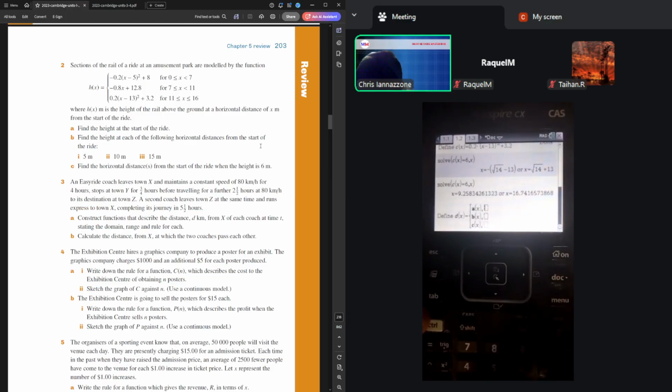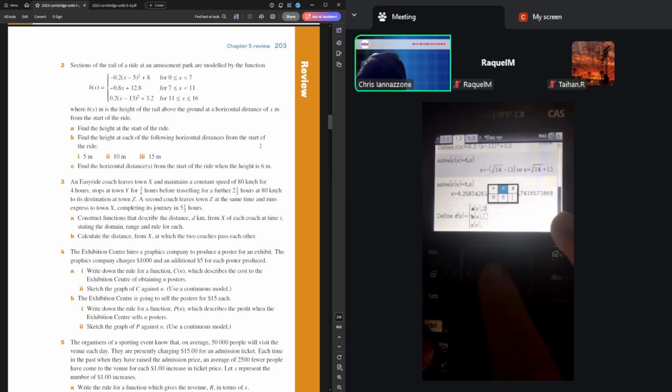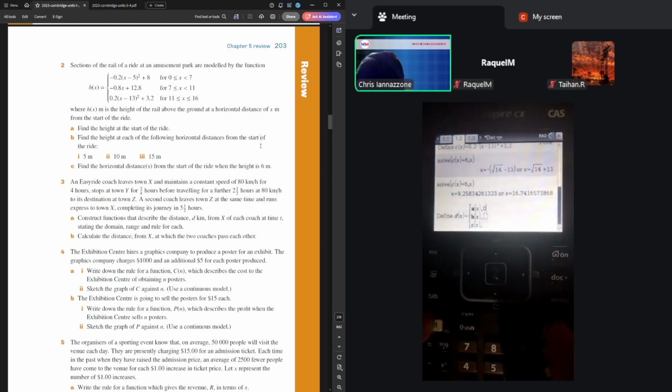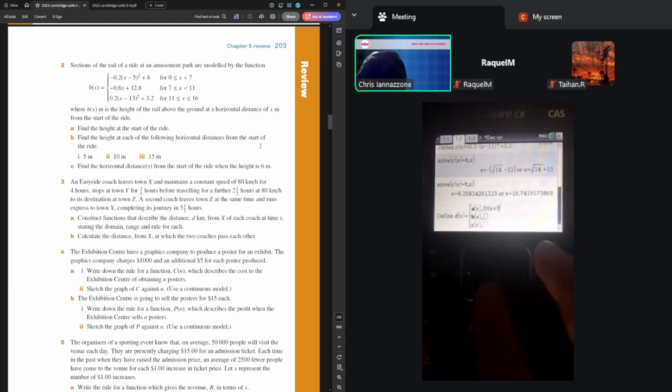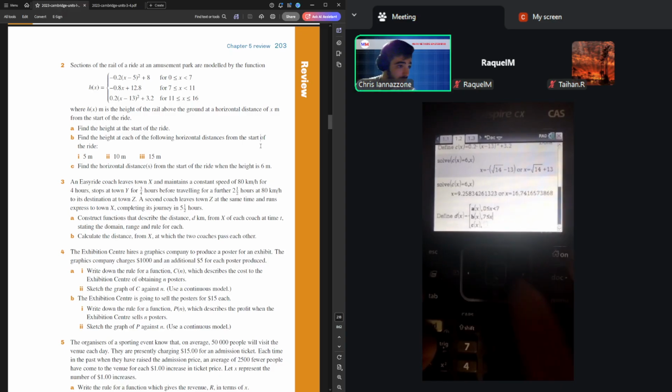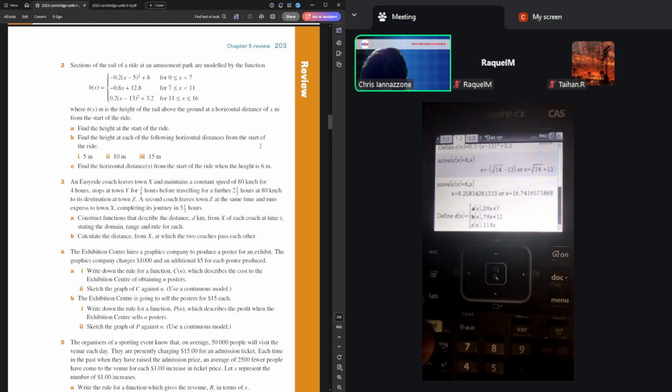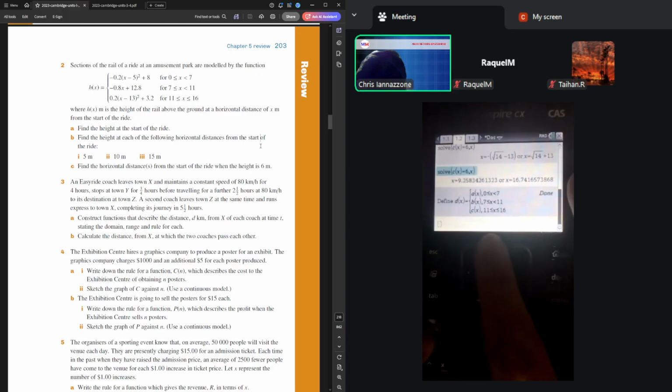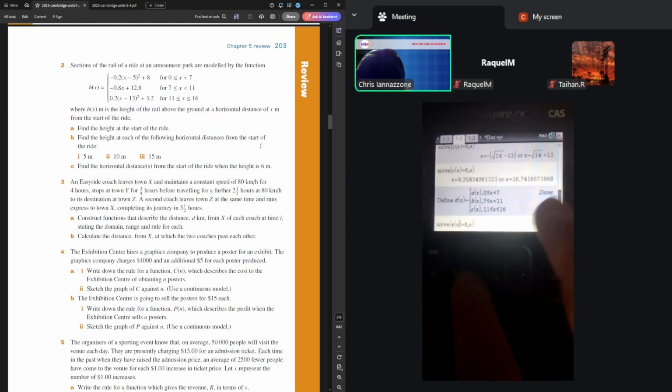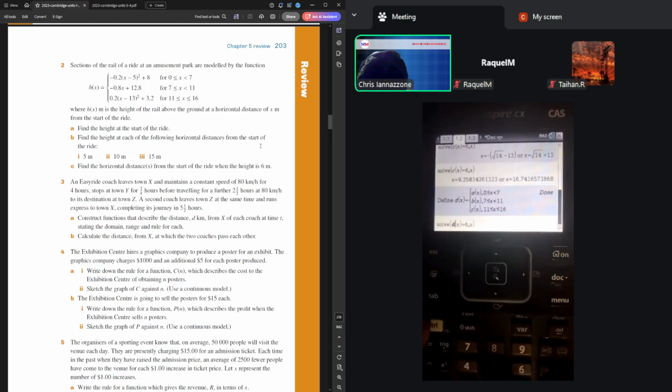So 0 to 7 should be inclusive. 7 inclusive, and 11 exclusive, 11 inclusive, and 16 inclusive. Let's find out. Does this just do it? Yeah, that's pretty cool.